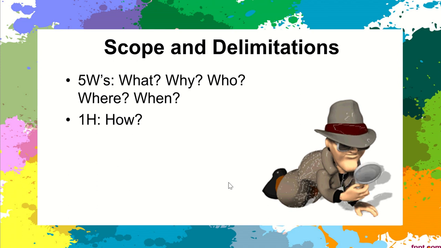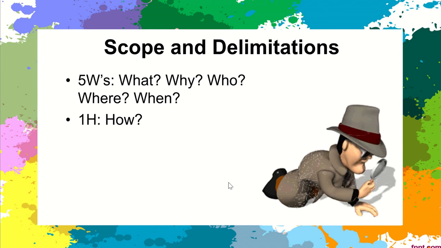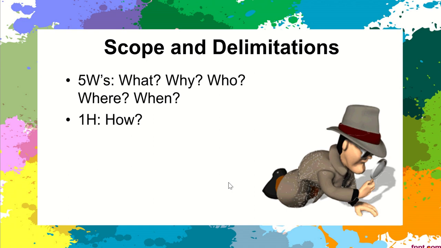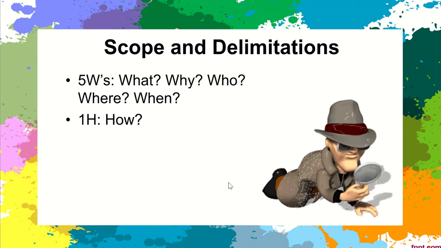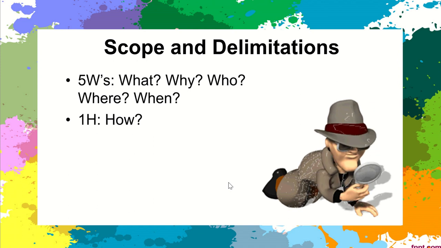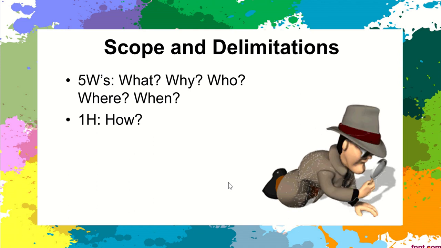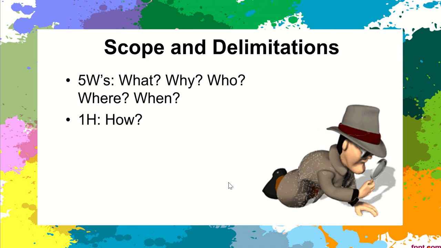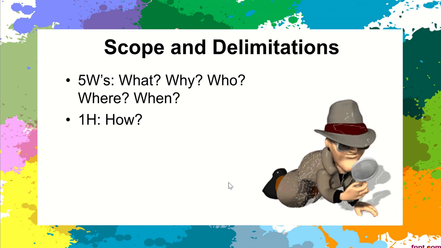Usually, let's do the delimitations first. The delimitations of a study are the factors and variables not to be included in the investigation. So the scope is what you include in your study, while the delimitations are what you do not include, meaning what you exclude in your investigation.